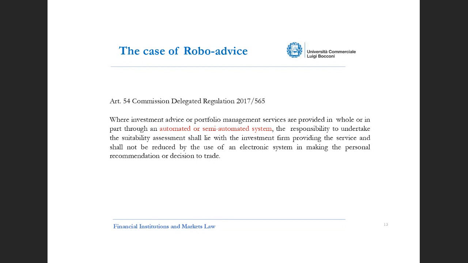Some, however, think there are proposals on the table which are being discussed. Some think that in the context of robo-advice, the algorithm that's used for profiling clients should be disclosed to the clients, so that when you access robo-advice on a platform, you have, as a client, sufficient knowledge of how your data will be processed and considered.